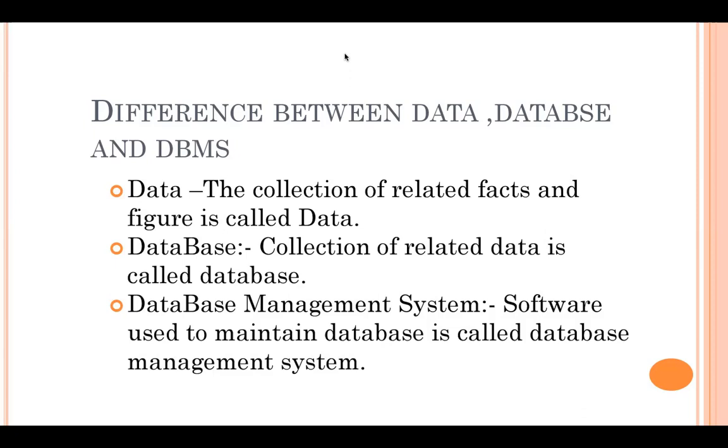Now, what is data? In fact, they are related facts and figures. What do we mean by related? Right. When I was starting, I said when you visit your photo gallery, you have so many pictures there, right? Take note of this sentence: when you visit your photo gallery.